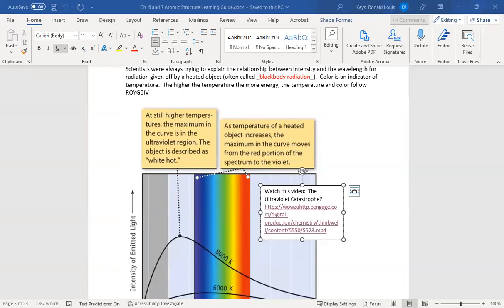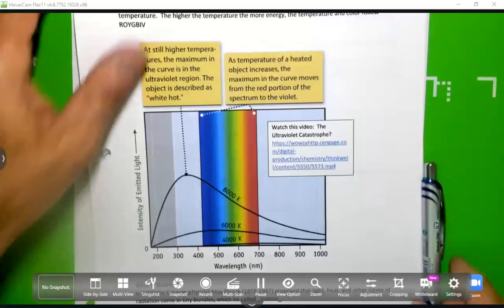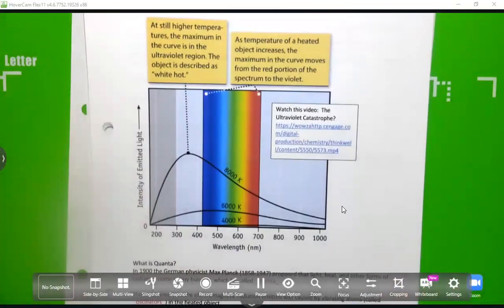You can watch this one, it's a good video. In Canvas, there is a link to these, and some of these are pretty good. I've got to be cognizant of time. So that gives you an idea of what we are talking about when we get intensities.